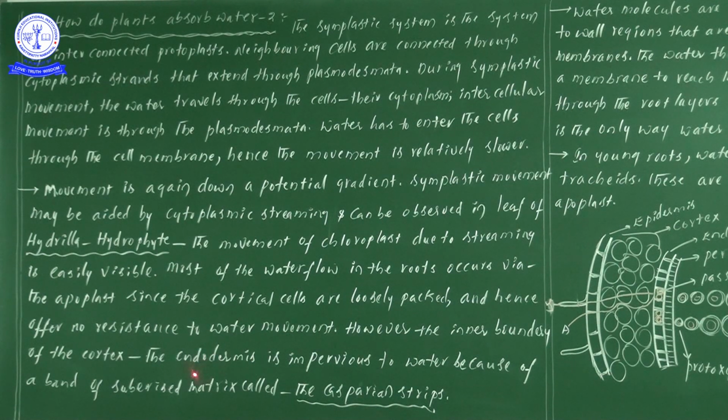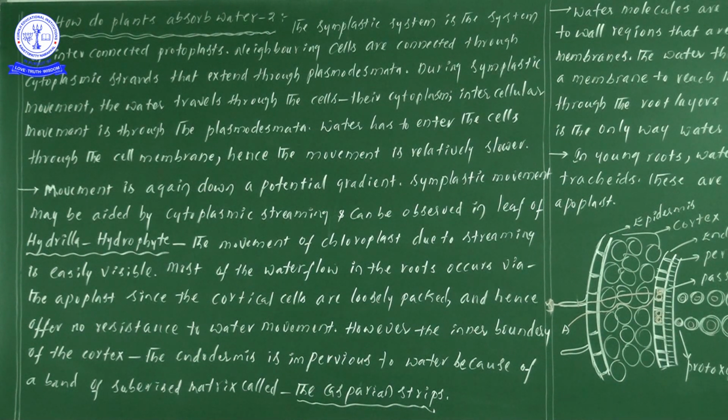As we have seen before, the endodermis is an impermeable layer. Why? Because it is made up of suberin. Because of the suberin, the endodermis is impermeable.